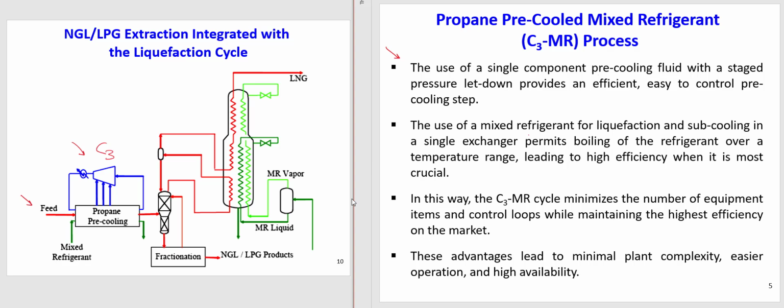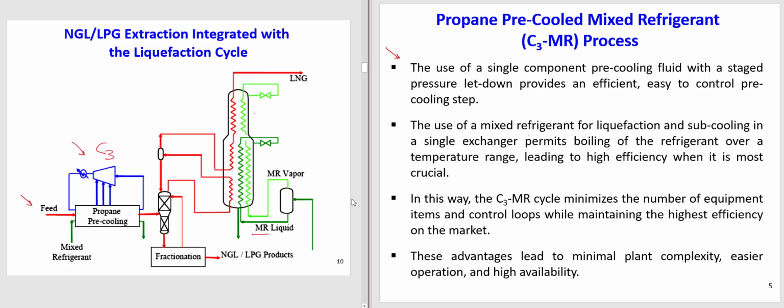So it's saying that when we have a mix of refrigerants, it is a mix of propane, ethane, nitrogen. Each of these molecules has its own properties and its own boiling point. So when we use such a mixed refrigerant, we can send it to the heat exchanger, where, like in this main cryogenic heat exchanger, we have different temperature zones.